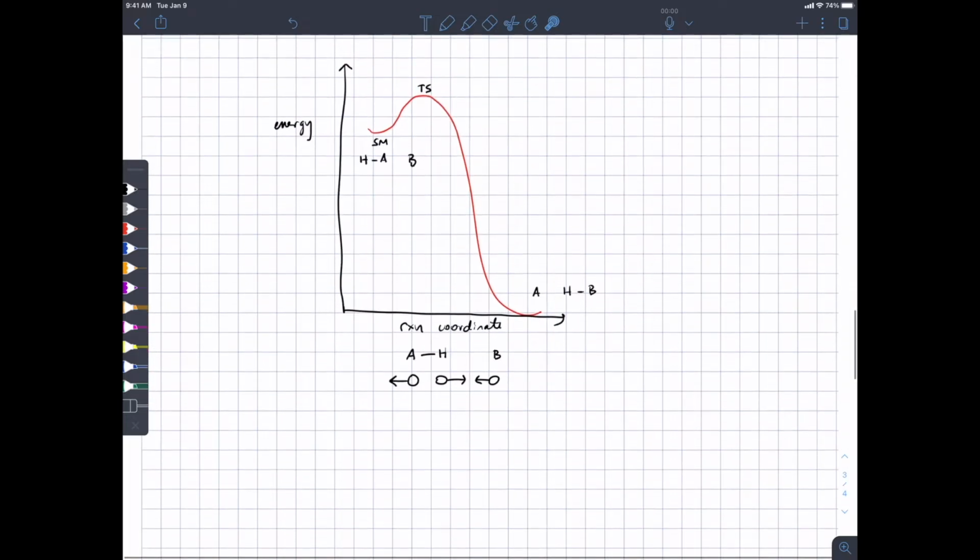But there are lots of other vibrational modes that do not contribute to the reaction going forward. The vibrational mode that leads to the reaction going forward does not contribute to the kinetic isotope effect at all.